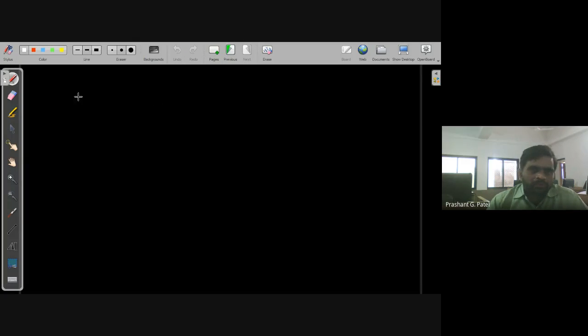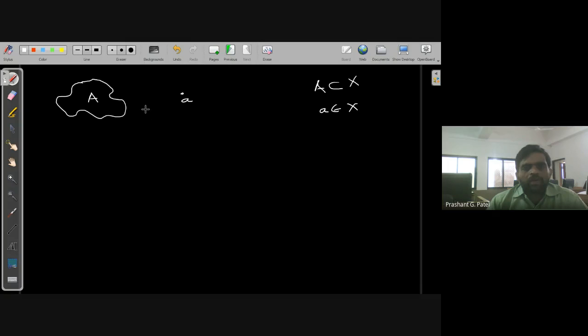The first thing we can discuss is how we can define a distance between a set A, which is a subset of a metric space X, and a point. So X is a metric space and A is a subset of X. Let's say small a is a point in X. Now the question is, what will be the distance between the set A and this point?